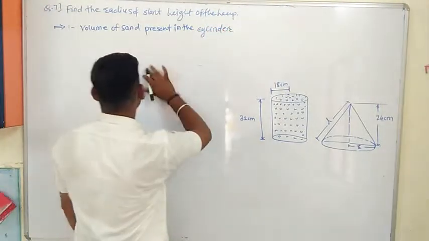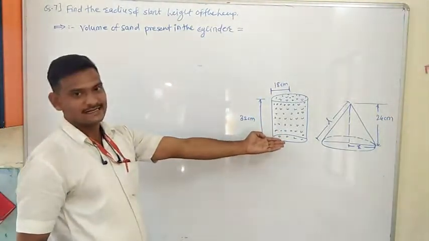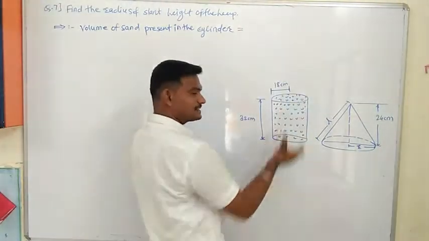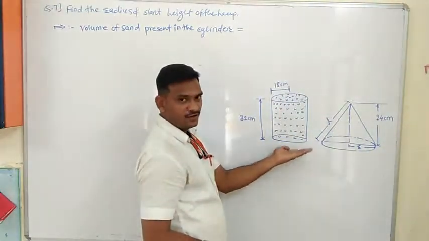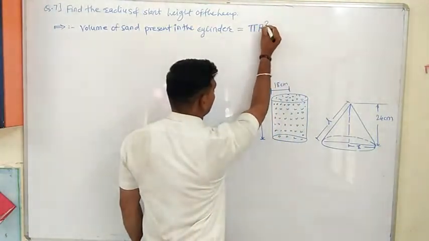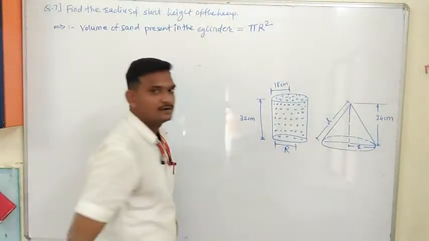Volume of sand present in the cylinder is equal to how much? What is the formula? Volume of a cylinder, pi R square into H. Here I will consider capital R as the radius and capital H as the height of the cylinder.